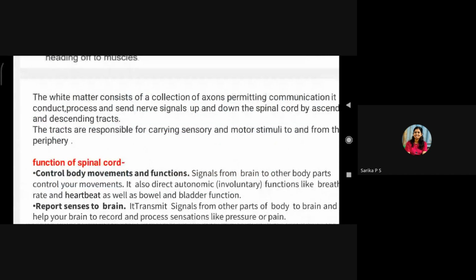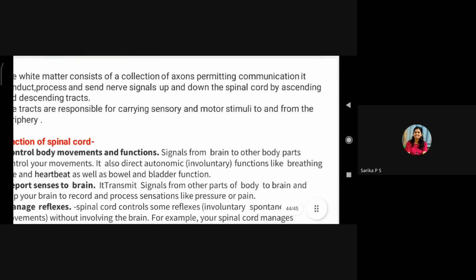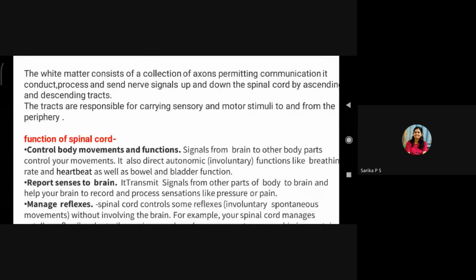It conducts. Okay, so what does white matter do? White matter consists of a collection of axons permitting communication. Obviously, white matter will contain axons, because how is the white color coming? We have already discussed. Please answer.